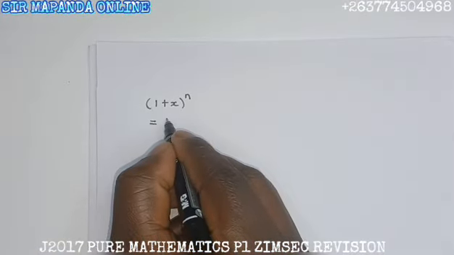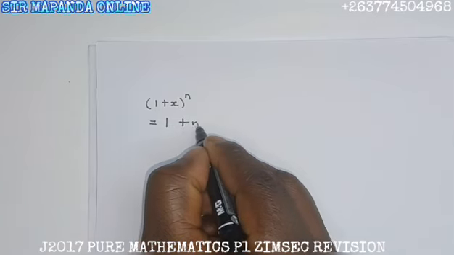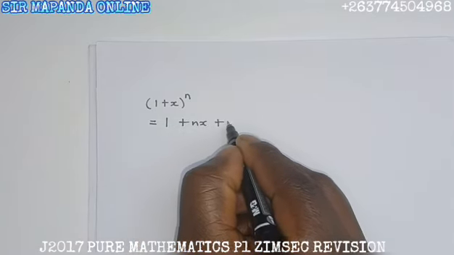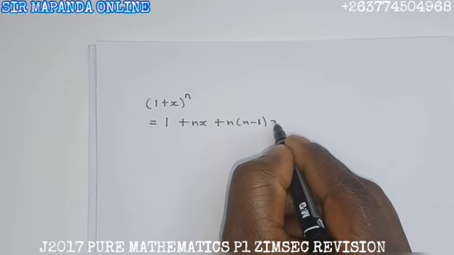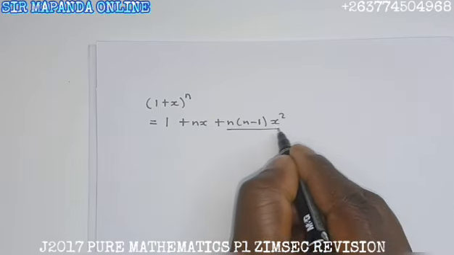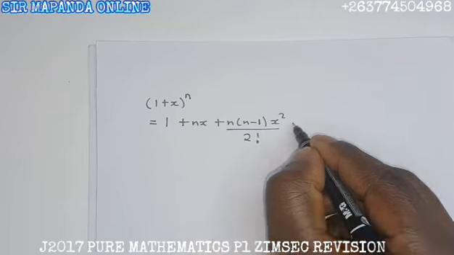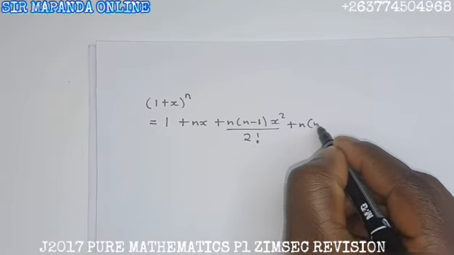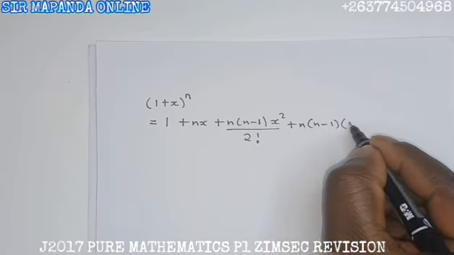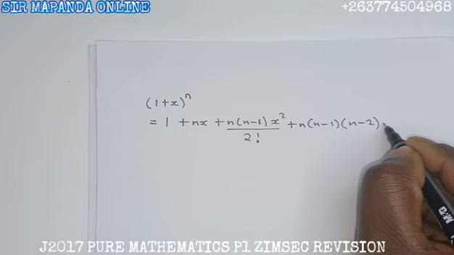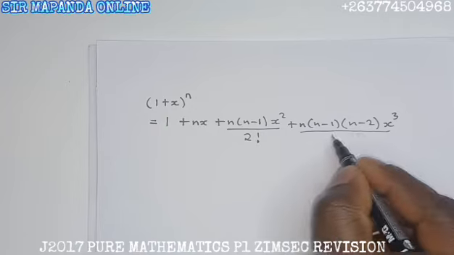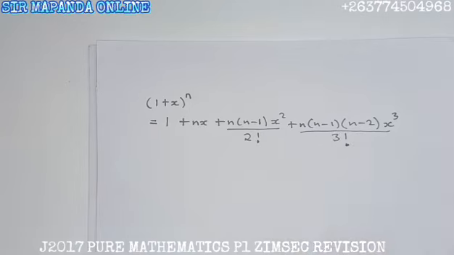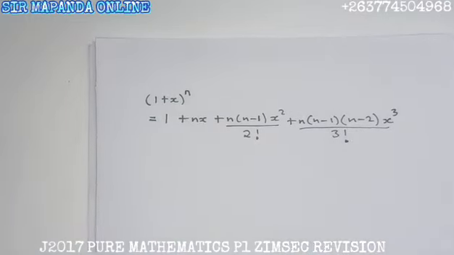It is equivalent to 1 plus nx plus n times n minus 1, x squared over 2 factorial, plus n times n minus 1 times n minus 2, x cubed over 3 factorial, something like this.